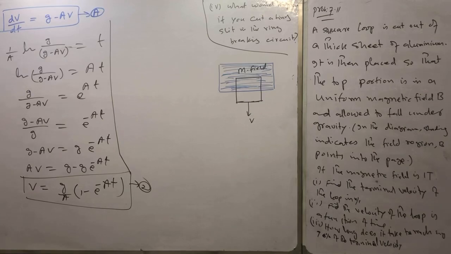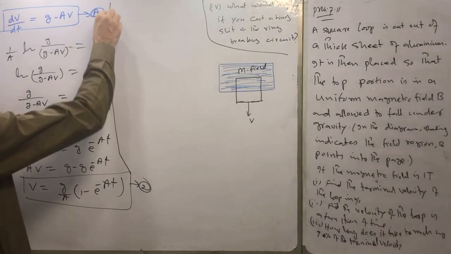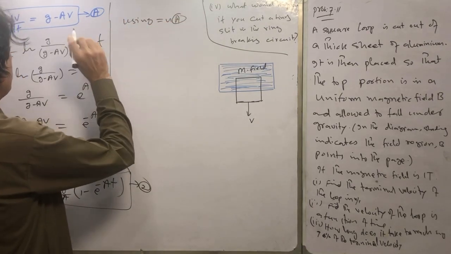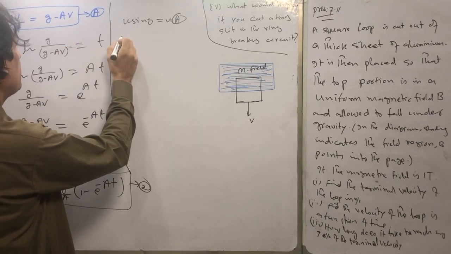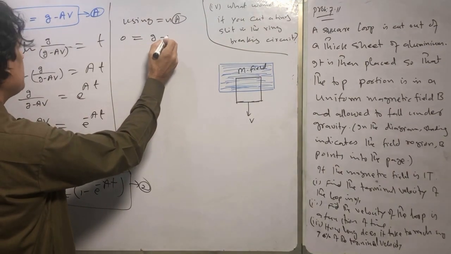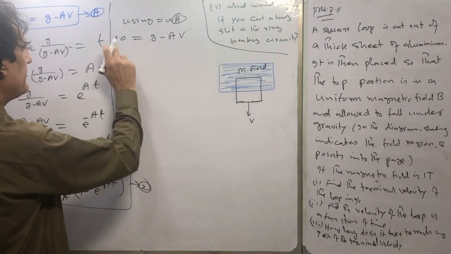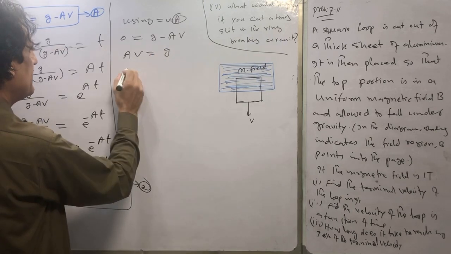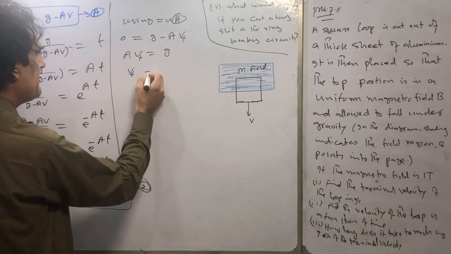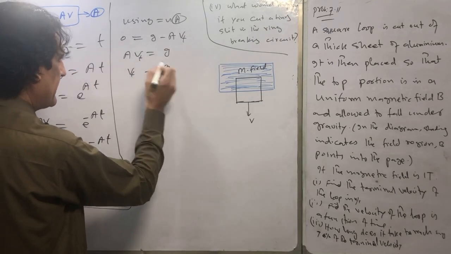Then using this equation, for the terminal velocity, the left-hand side dv/dt is equal to 0, so g − av = 0, av = g, and the terminal velocity vt = g/a.